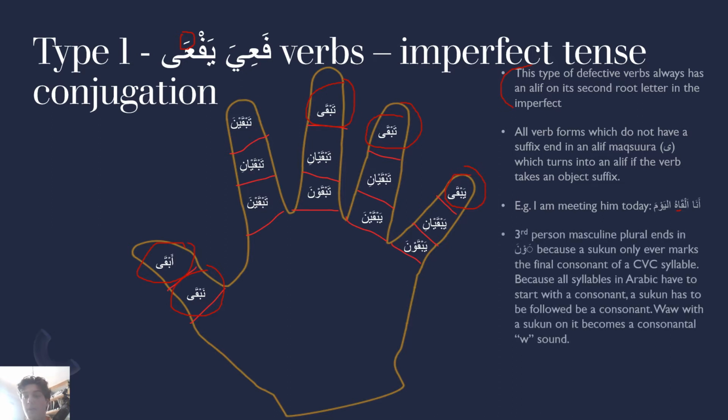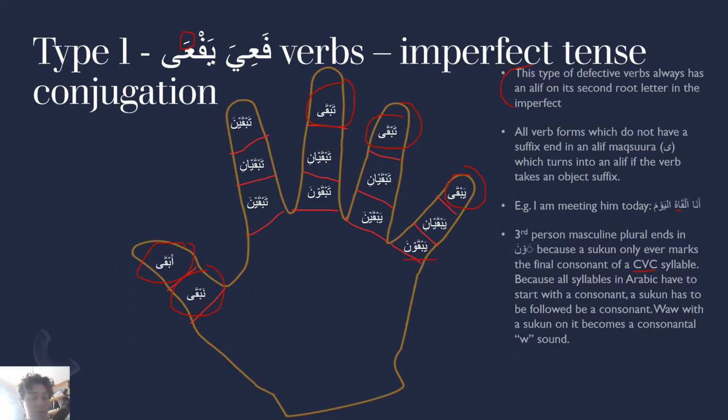Now we've got to talk about the third person masculine plural ending, yabkauna. Now this ends in auna because the sukoon only ever marks the final consonant of a CVC syllable, and that is a very useful rule to remember.